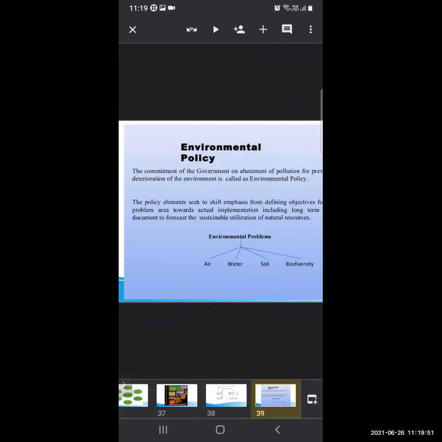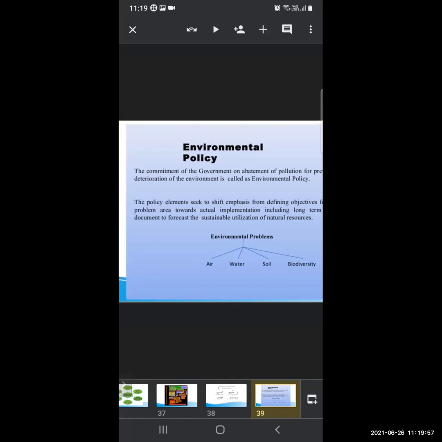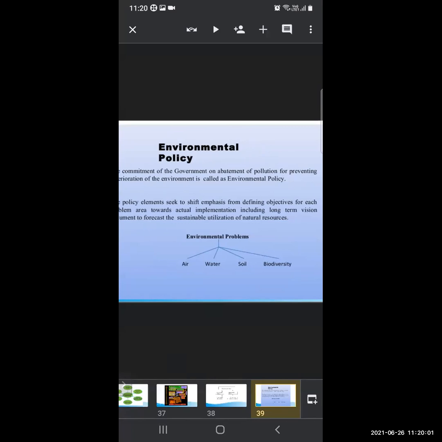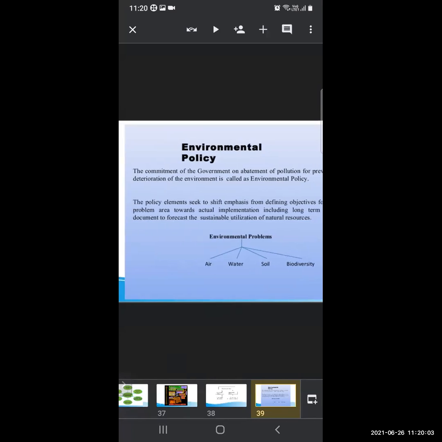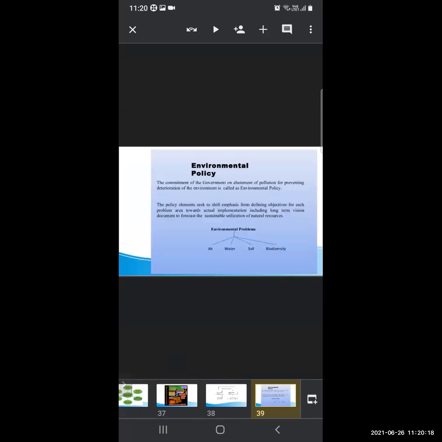The policy element seeks to shift emphasis from defining objectives for each problem area towards actual implementation, including a long-term vision document to forecast the sustainable utilization of natural resources. So mainly we will deal with the environmental problems, that is air, water, soil and biodiversity.